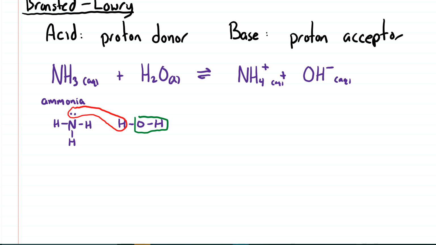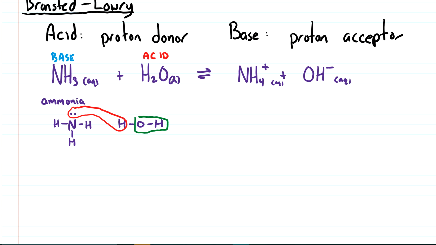So in some ways it's kind of like Arrhenius, you're getting hydroxides, but looking at NH3 by itself, it's definitely not looking like a base. So let's think of that as the base. It's accepting a proton from the water, which would make water a proton donor. So under this definition, I guess water is an acid.